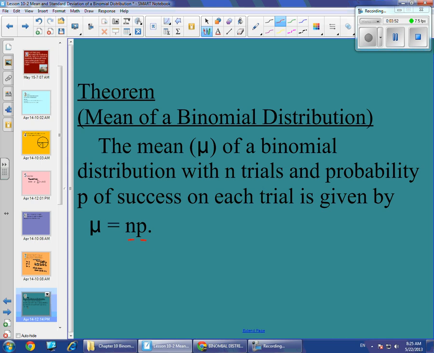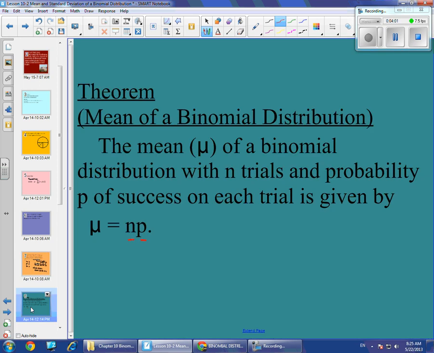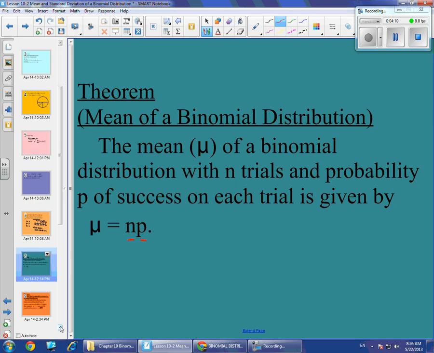So that's the mean of a binomial distribution. So again, you don't have to go back and make this chart now. If it's a binomial situation and you want the theoretical average or the mean, you can calculate mu equals n times p.